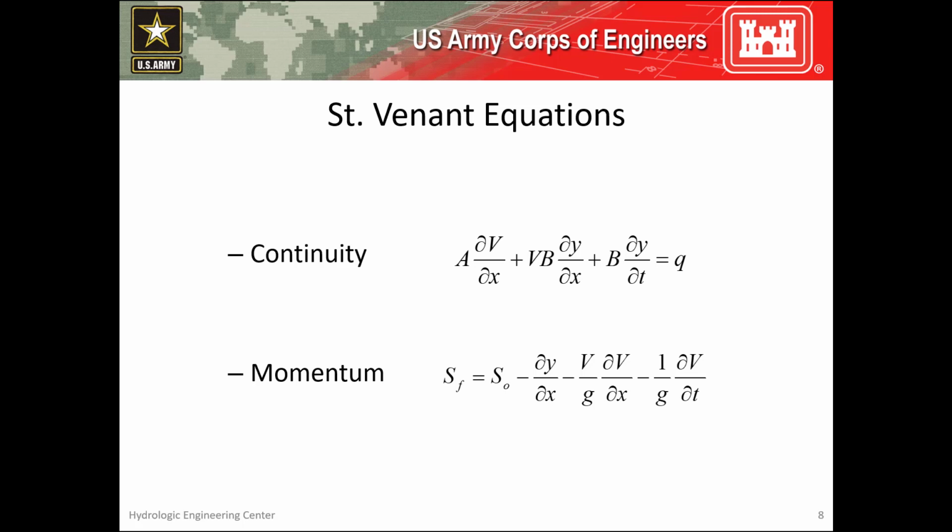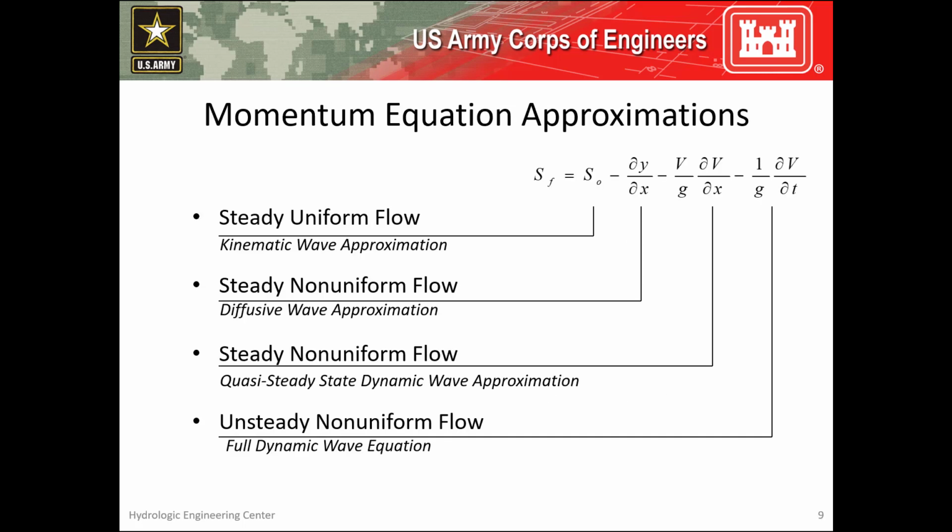The equations that describe one-dimensional unsteady flow in an open channel consist of a continuity equation and a momentum equation as shown here. The solution of these equations defines the propagation of a flood wave with respect to distance along the channel and time. Solved together with the proper boundary conditions, these equations are the St. Venant or dynamic wave equations.